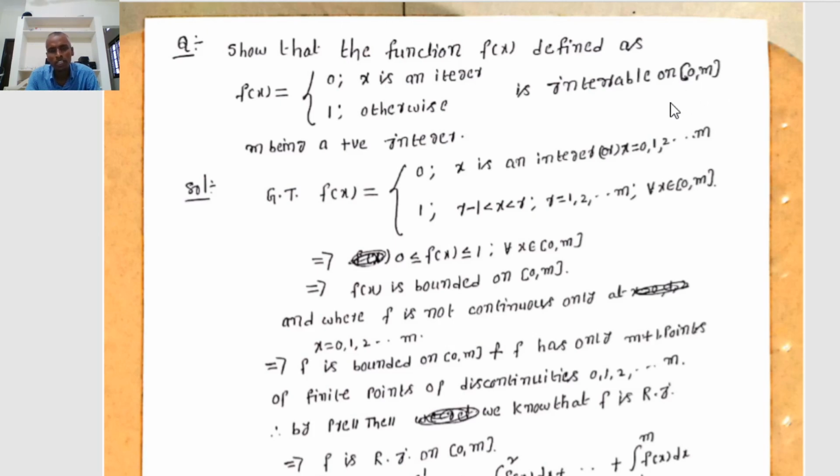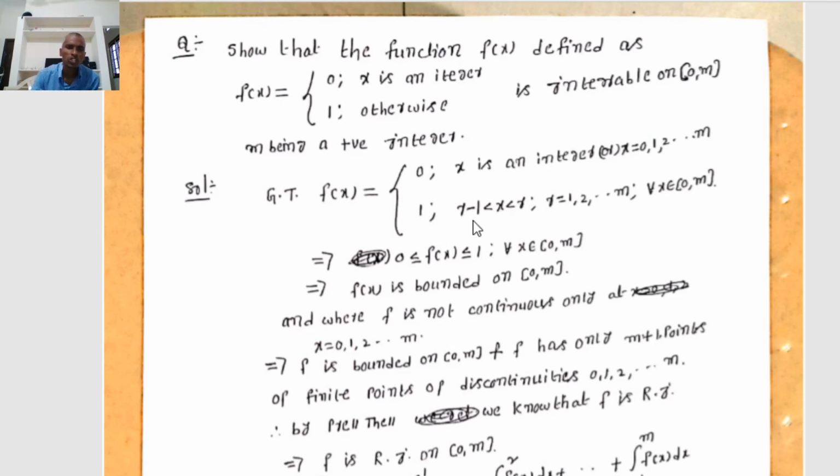Otherwise means x belongs to the closed interval 0, m and it is not an integer, that is it is a real number, x belongs to R minus Z, where f of x equals 1 such that r minus 1 less than x less than r, where r is an integer, r equal to 1, 2, 3, 4 and so on up to m. Suppose we substitute r equal to 1, that implies 0 less than x less than 1.